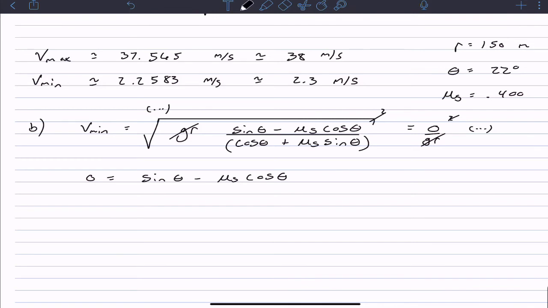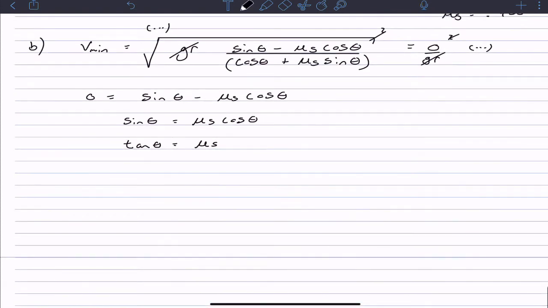Okay, so at this point you can solve. So we say sine theta equals mu s cosine theta. So now tangent theta is equal to mu s. Keeping the angle constant, then mu s is actually going to equal 0.404.